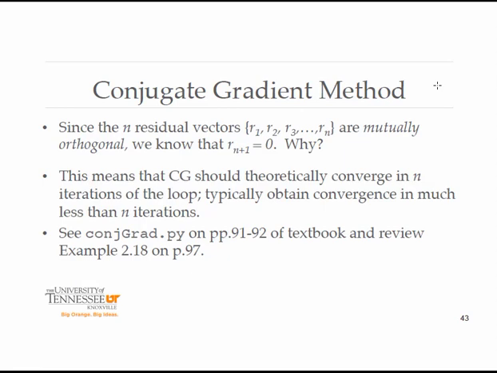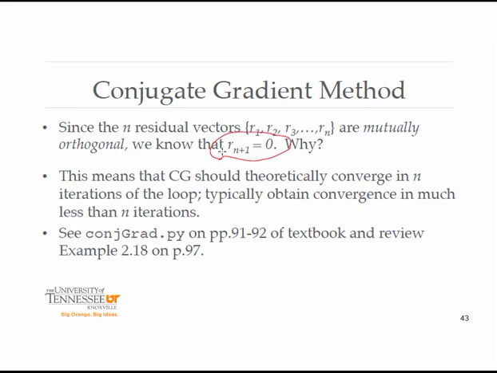Now, playing upon what I just said about the residuals forming a basis, if you have R1 through Rn, and you know that they are mutually orthogonal, and you're in Rn space, and you have produced n independent vectors that are mutually orthogonal, then you can automatically conclude that if you were to iterate one more time and produce the n plus first residual, it would have to be 0.